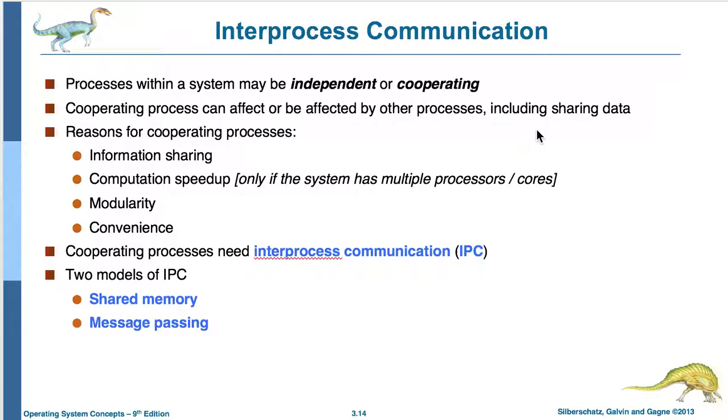So we understand that processes, of course, are active pieces of code that are running on a given system, and they really can be put into two different categories. Processes can be independent, or they can be cooperating. And cooperating processes really can affect or be affected by other processes, including sharing of data.